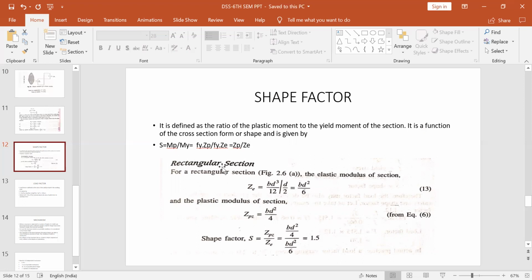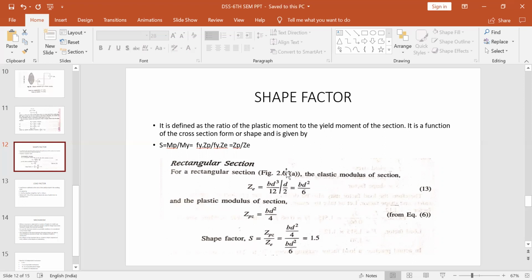Now, say we have taken an example for a rectangular section, the easiest section. For a rectangular beam section, the elastic section modulus is Ze equal to I by Y bar. You remember this. What is I? Moment of inertia about the neutral axis, and Y bar is the distance of the extreme fiber from the neutral axis.